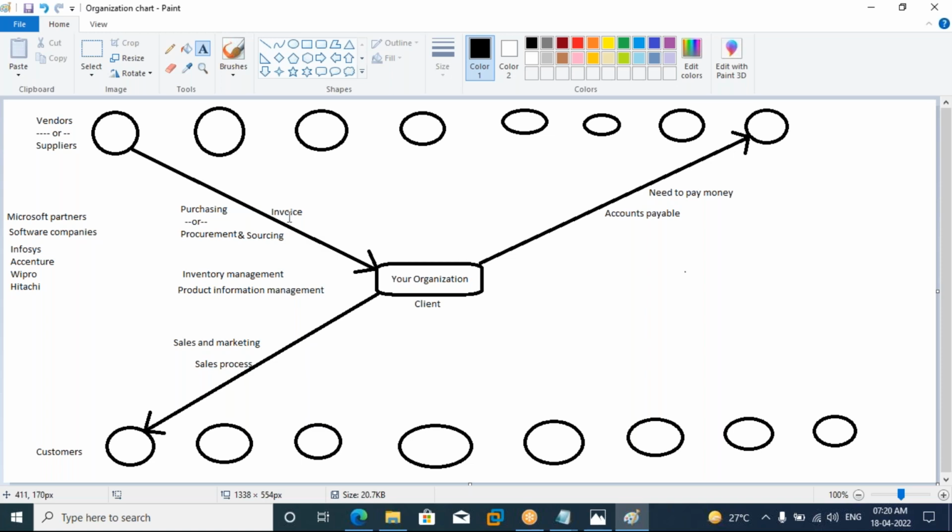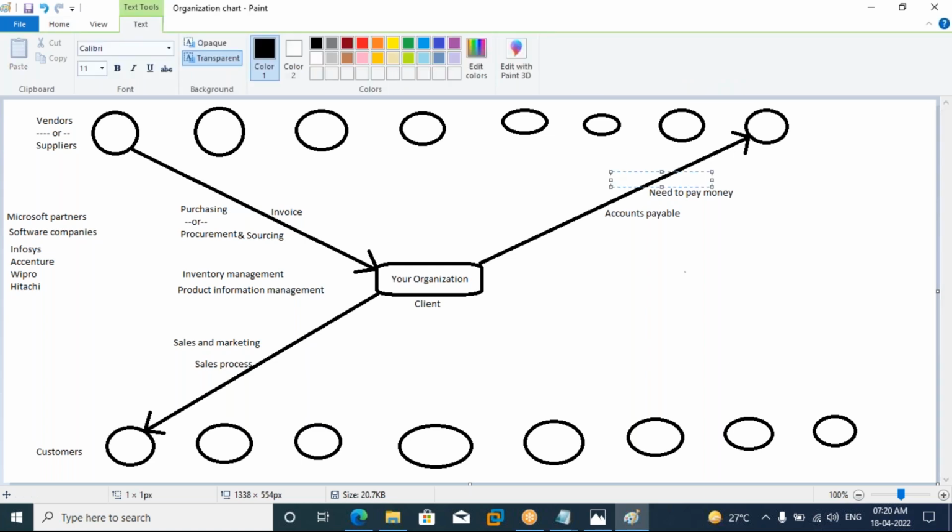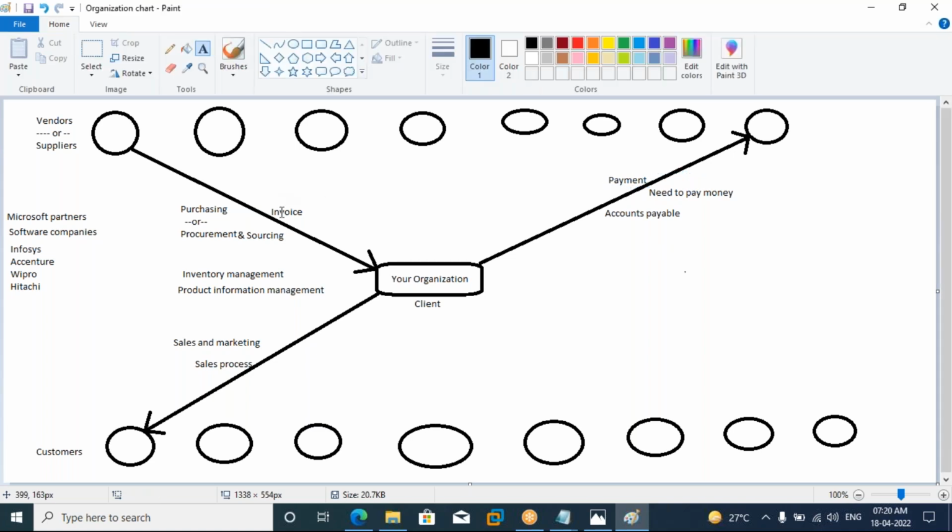For that you are going to do the invoice and the payment. You need to understand vendor invoice and vendor payment, because I need to pay money to the vendor. For understanding that, you need to understand the accounts payable module.